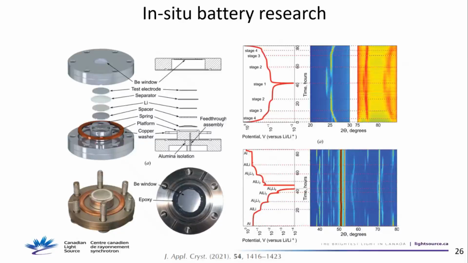We shine the X-rays at a grazing angle, and we cycle that. And he gets different phases of different materials. This is aluminum, lithium in a wide variety of phases. Then he can learn about his battery, and soon publish something.